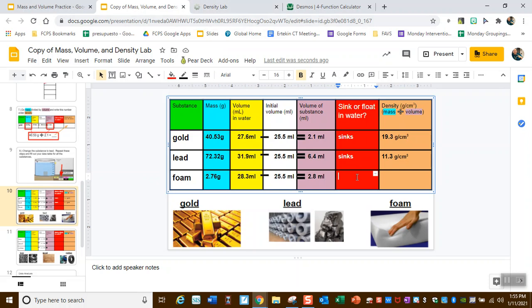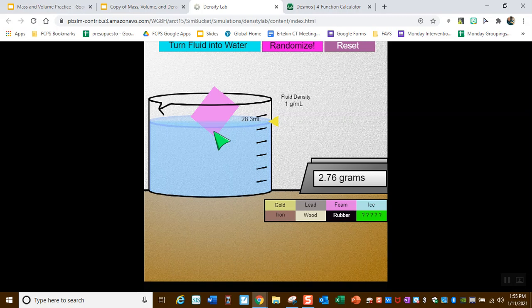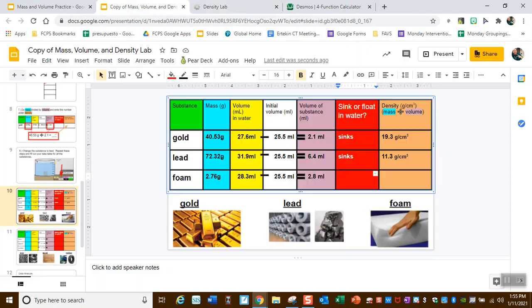Okay, does it sink or float in water? It's on the top. So this floats in water. Floats. All right, and the last thing we need to do is calculate the density of foam. So for density, we do mass divided by volume.